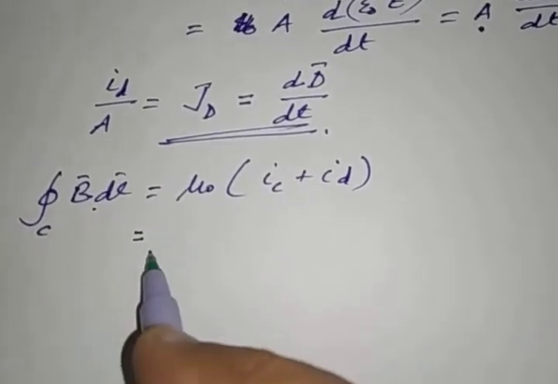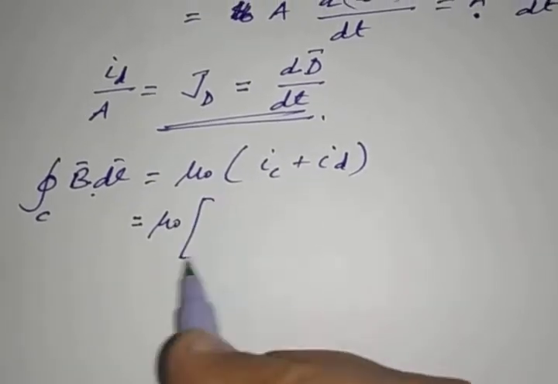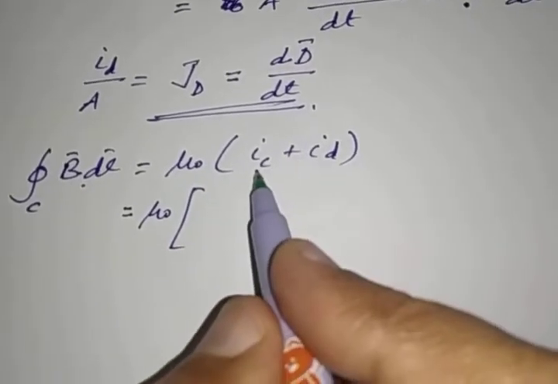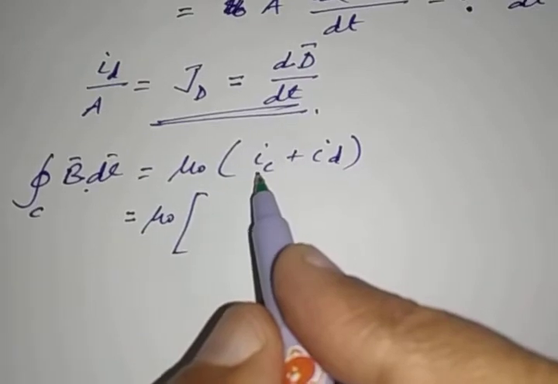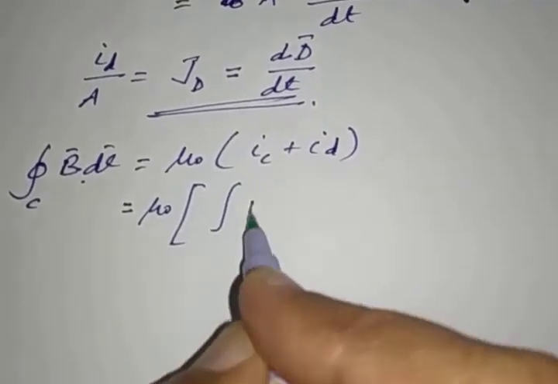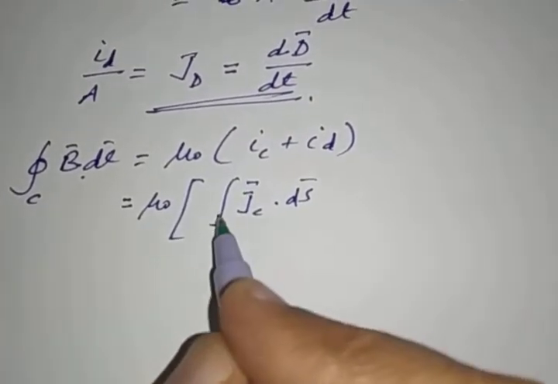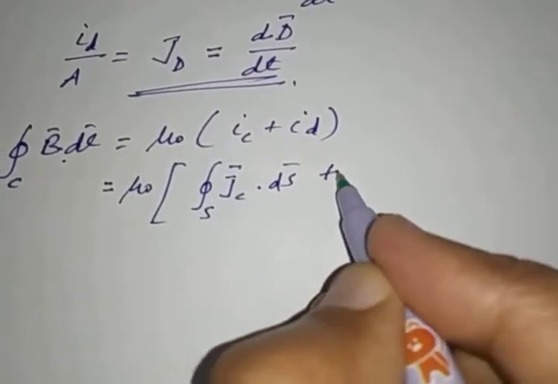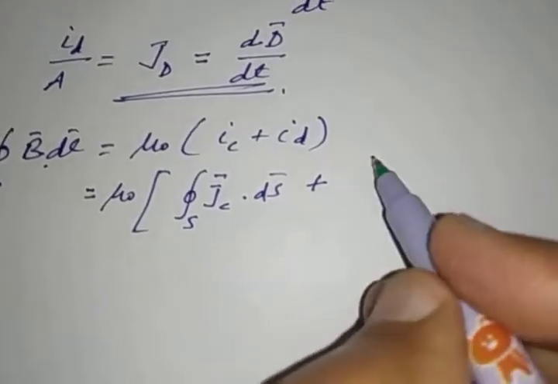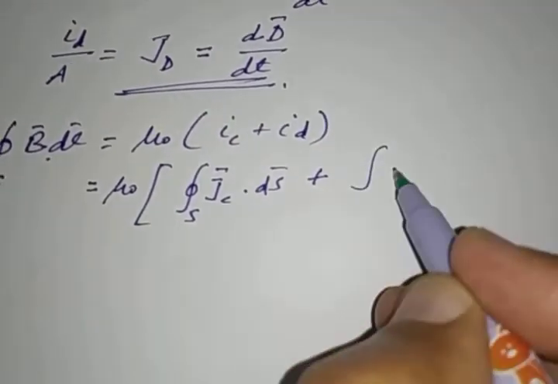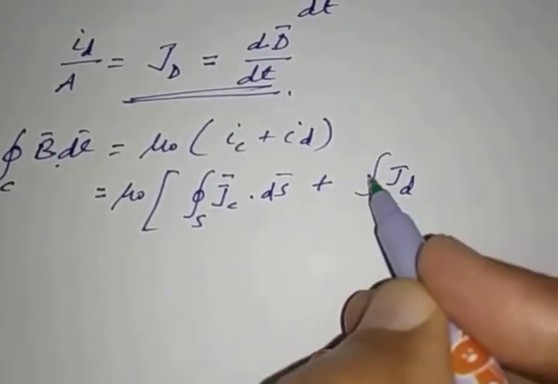So we can easily write IC in terms of conduction current density, and ID in terms of displacement current density.